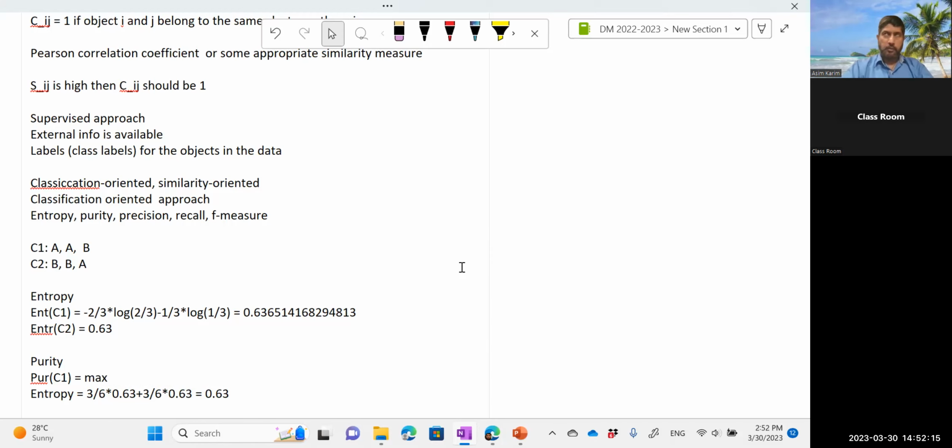I'll write it like this: max of basically the fraction of objects belonging to class 1, class A.